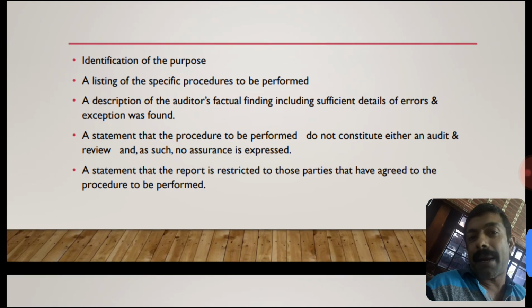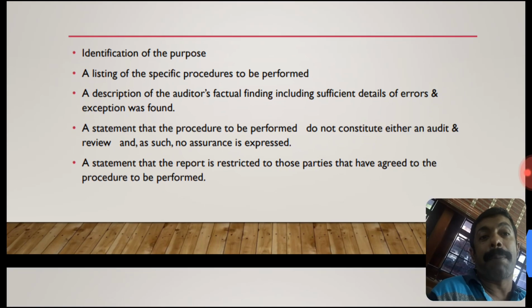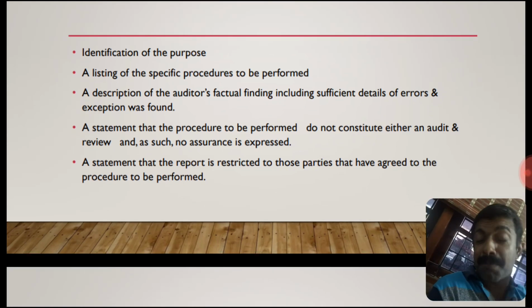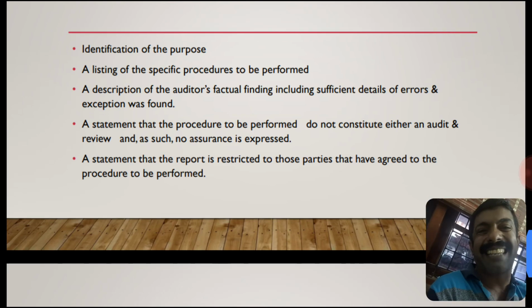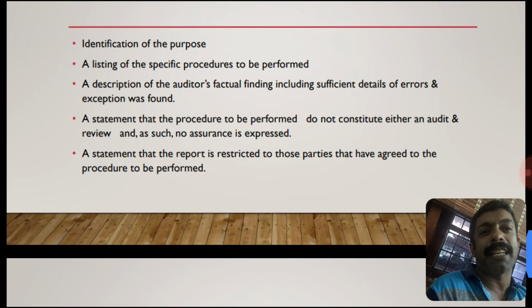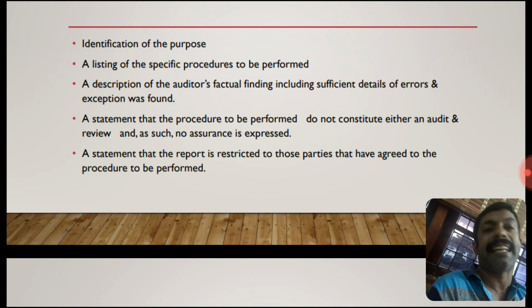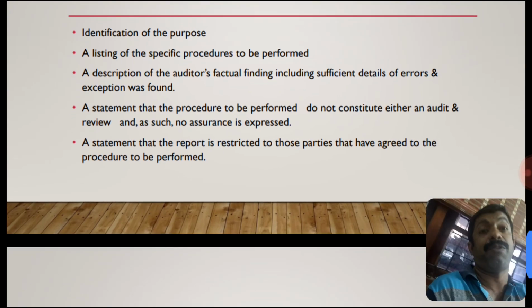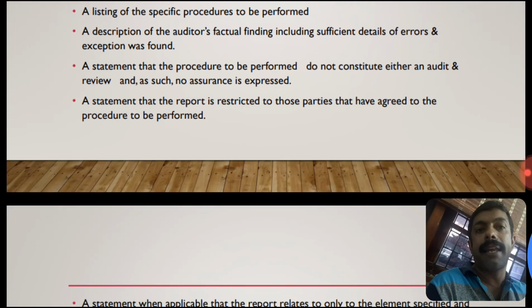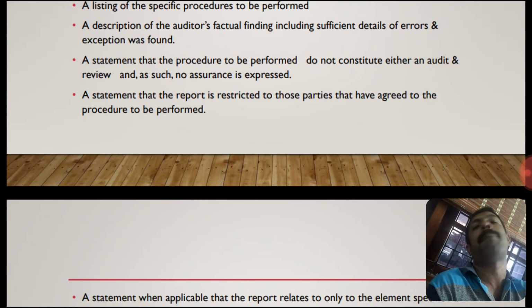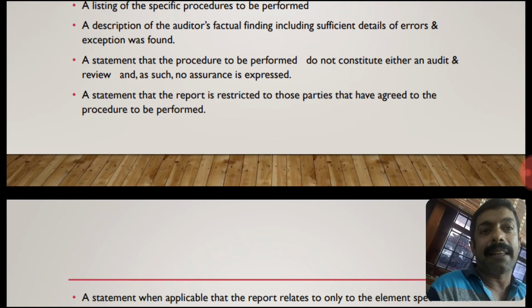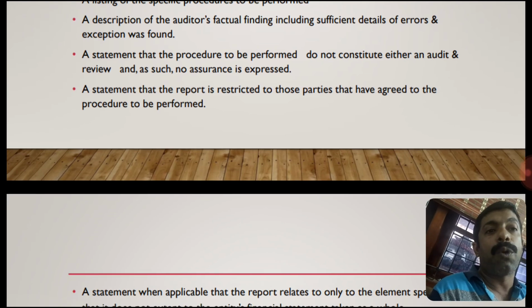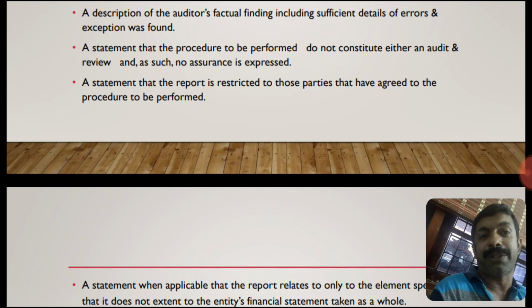Identification of the purpose, listing of specific procedures performed which are specific to the engagement, a description of the auditor's factual findings, what is the reality, including sufficient details of errors and exceptions which were found, any non-compliance with the agreed upon procedures, a statement that the procedures followed do not constitute either an audit or review and as such no assurance is expressed.